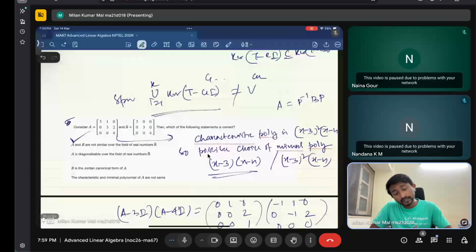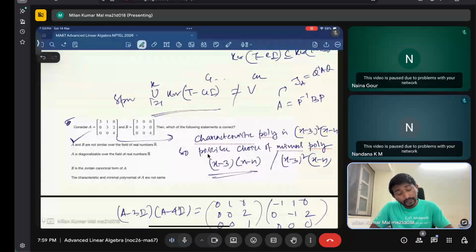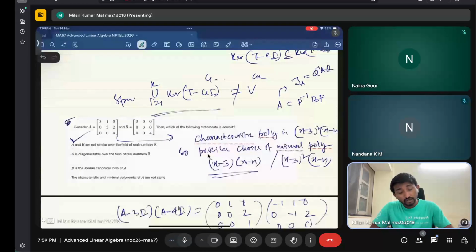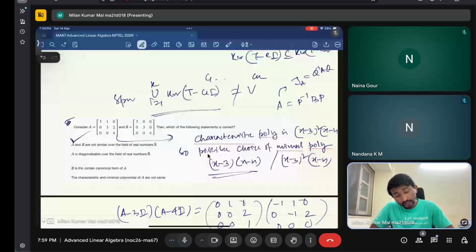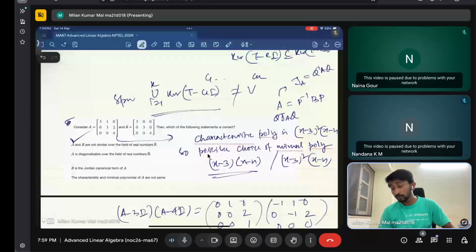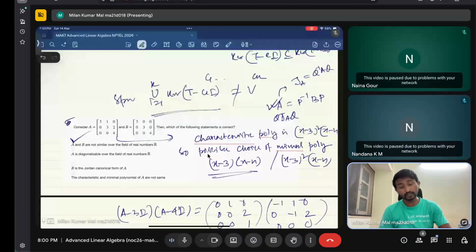That means JA equals Q inverse AQ for some Q. Suppose A is similar to B, that means we have this for some invertible matrix P. Suppose the Jordan canonical form for the matrix A is JA, that means there exists an invertible matrix Q such that JA equals Q inverse AQ, right? This is what it is.